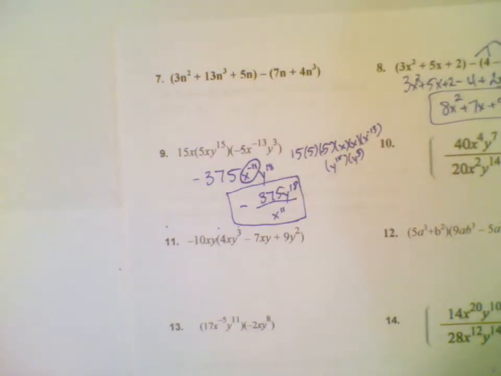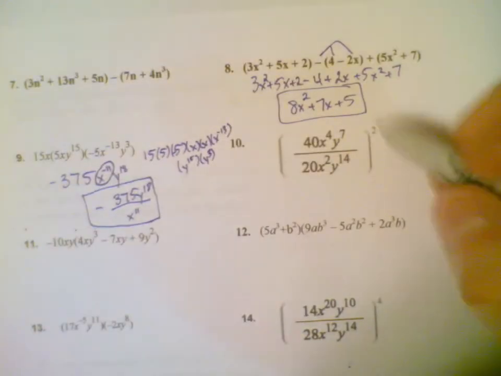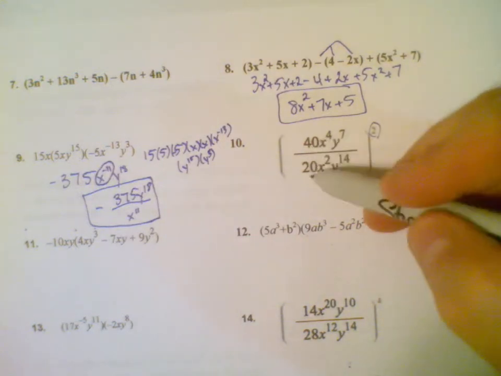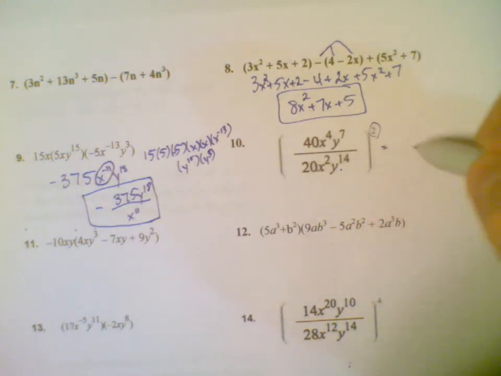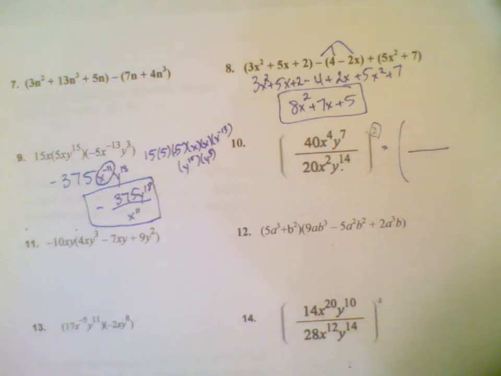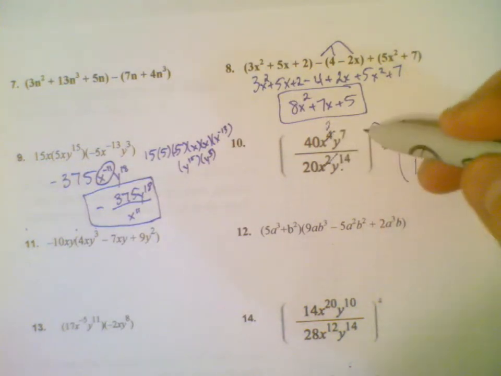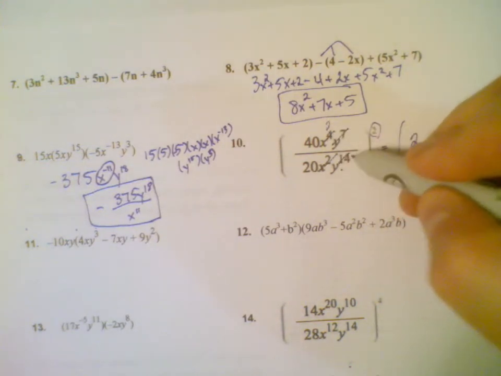Okay, so number 10, with this one, you're going to simplify inside the parentheses and then apply the exponent of 2. So if I simplify these, 40 divided by 20, well, remember when we did these in class, I kind of rewrote a new fraction. So this would be 2 over 1, and I don't really need the 1. So then this would cancel with 2 of those, and then this would cancel with 7 of those.